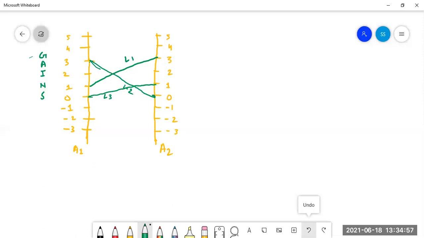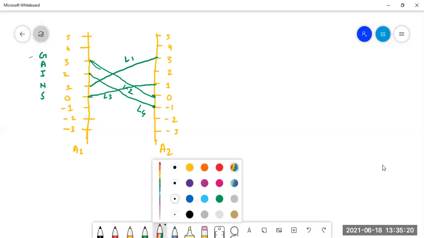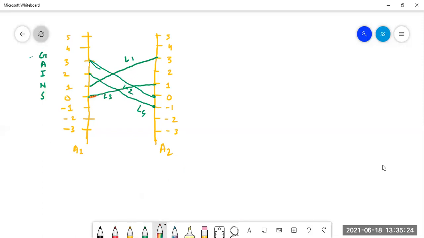And L4 is equal to minus 1 to 2. Here is minus 1 to 2. This is the value of L4. This one is the L4. Now if we make the line of intersection here, this is the maximum bold line, from here to here.